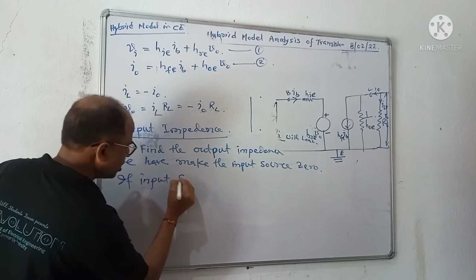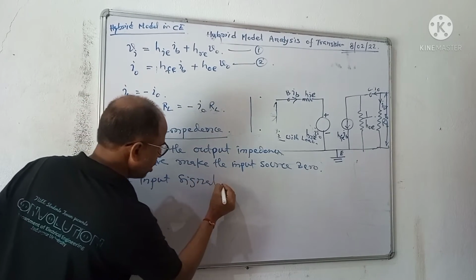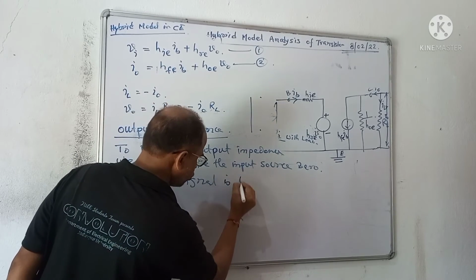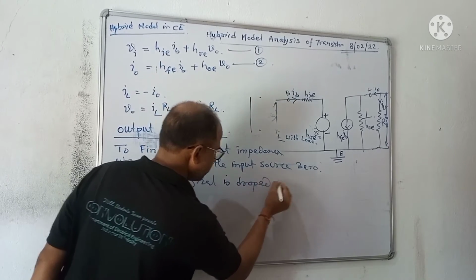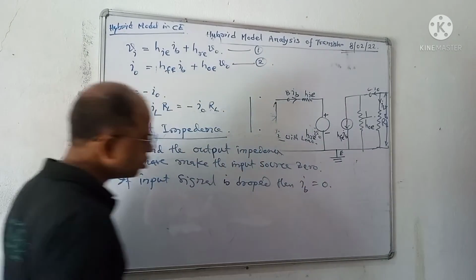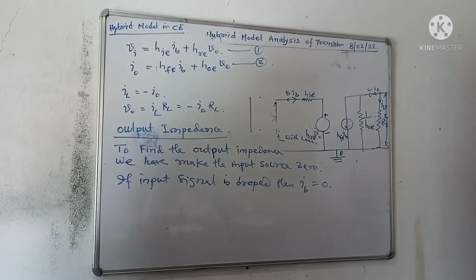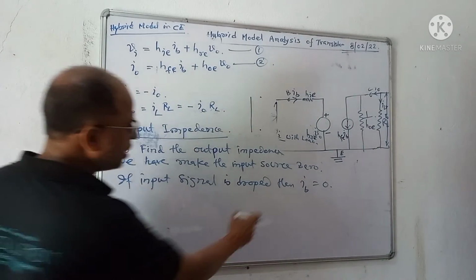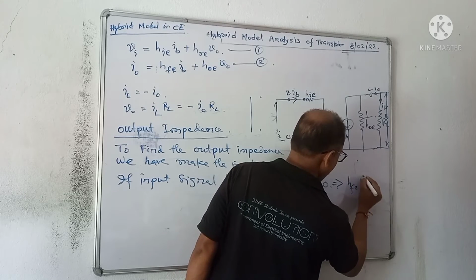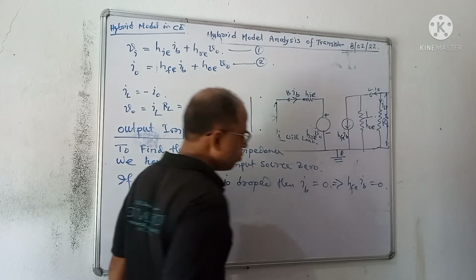Okay, therefore output impedance, if input signal is dropped, then IB equal to 0. IB is equal to 0 implies HAP into IB equal to 0.